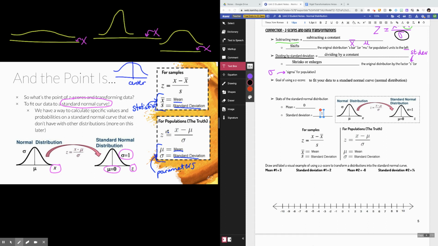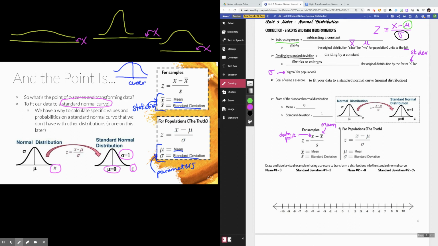Calculating a z-score is still always the data point, which I'm going to go ahead and label over here on the right-hand side. This here, terrible. Let's erase that. That arrow is ridiculous. The first thing is always your data point, minus, whether it's a statistic or a parameter, the mean.